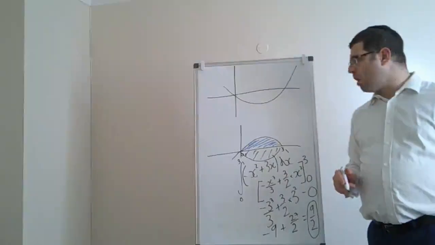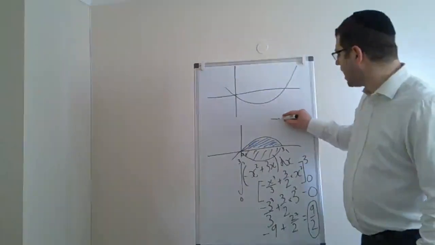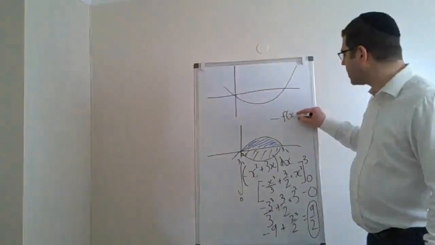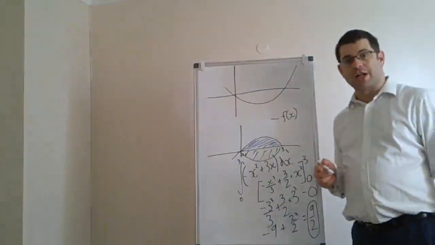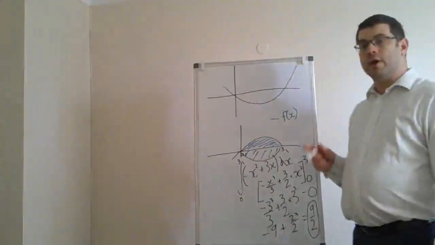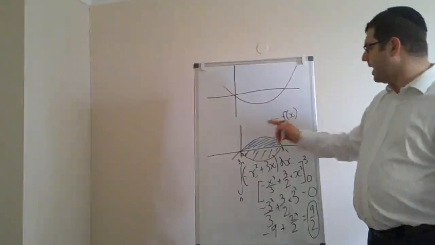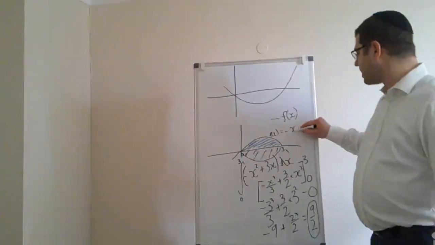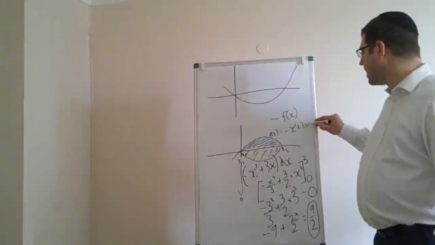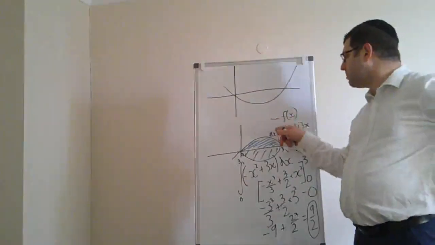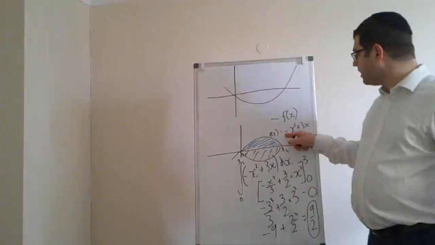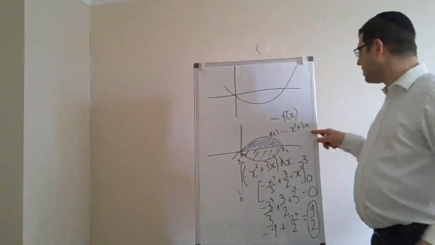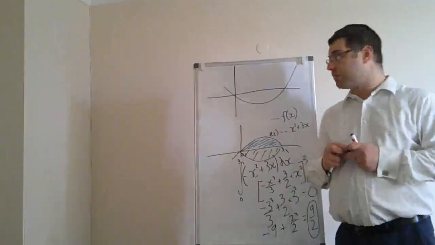Now we know from our work on transformations that the transformation minus f of x performs a reflection in the x-axis, which means that my graph over here, which was f of x equals minus x squared plus 3x, if I'm performing a transformation minus f of x on this, then this graph here is going to become x squared minus 3x.